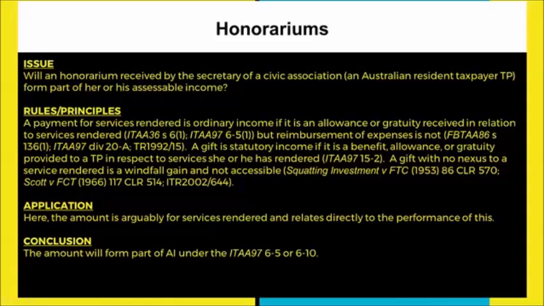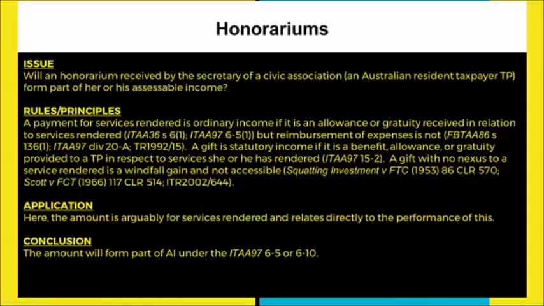In this situation, the person's receiving an honorarium, so they're not actually an employee, but where an employee is incurring some expenses and the employer is reimbursing these, that is not ordinary income. And in that situation, particularly where the employer is able to deduct the things that they're compensating the employee for, that's what's known as a recoupment or a reimbursement in the FBT definition.